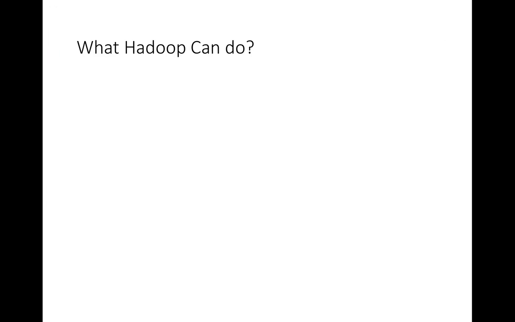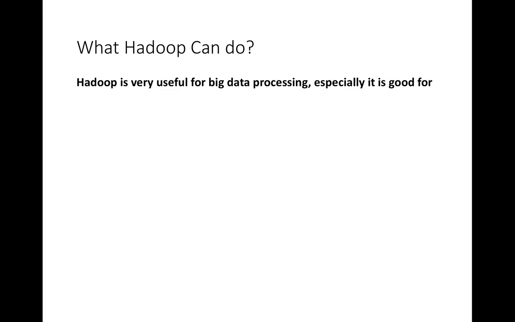So what can Hadoop do? The first thing: we know Hadoop is designed for big data processing. Especially it's good for data-intensive text processing. For example, you have many text files, and they have the same format. So we can use Hadoop to process these kinds of files.